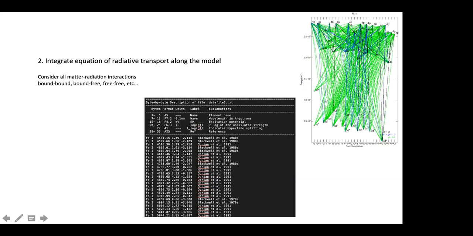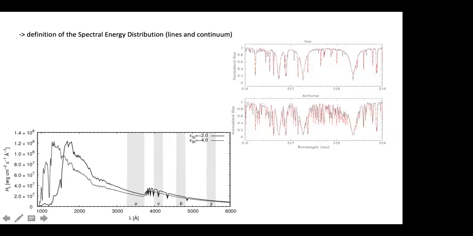So you need these atomic parameters for the line to model if the lines are strong or not, and eventually it depends on how much iron is there. But a weak iron line doesn't mean that there is no iron, because it also depends on whether the line should be strong given its parameters. So you have to handle all of this to eventually obtain something like a synthetic spectrum.